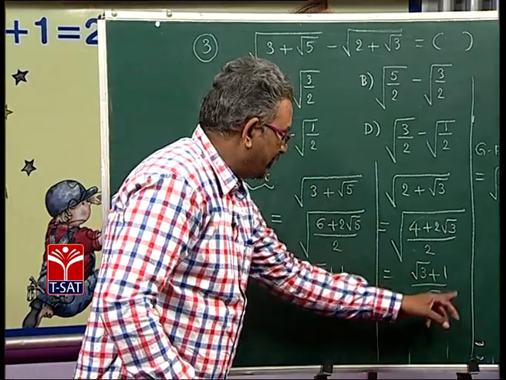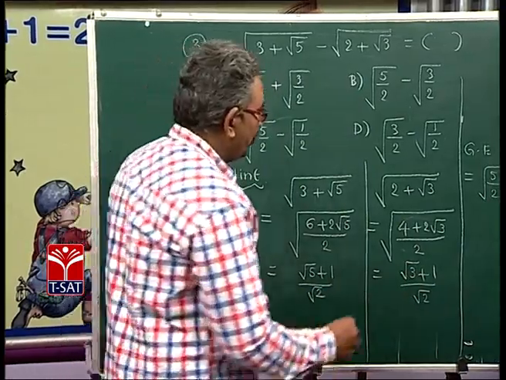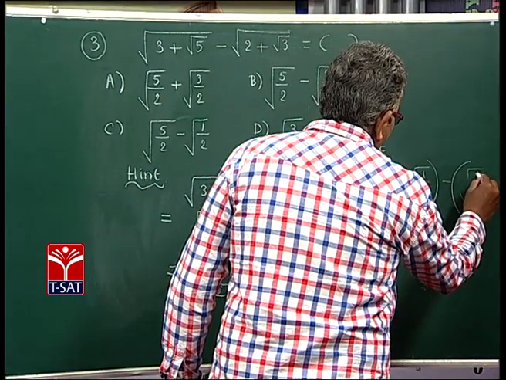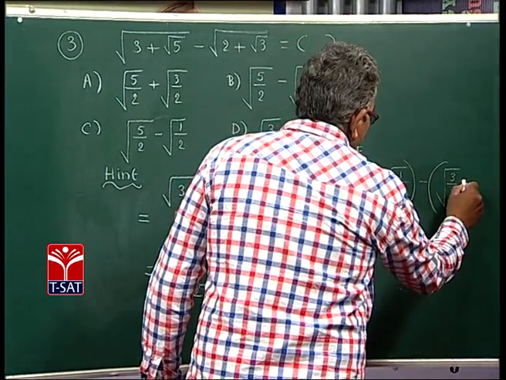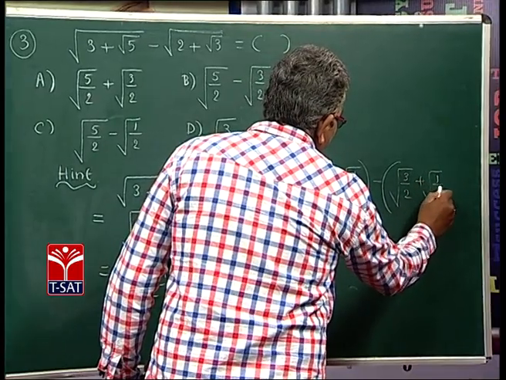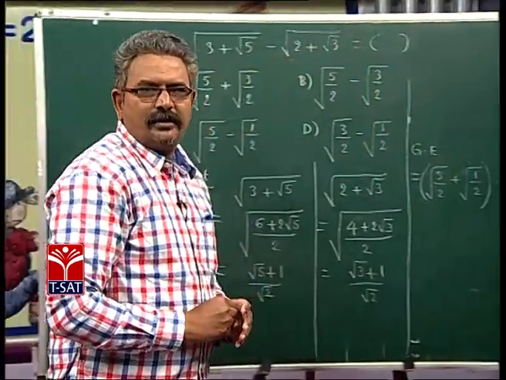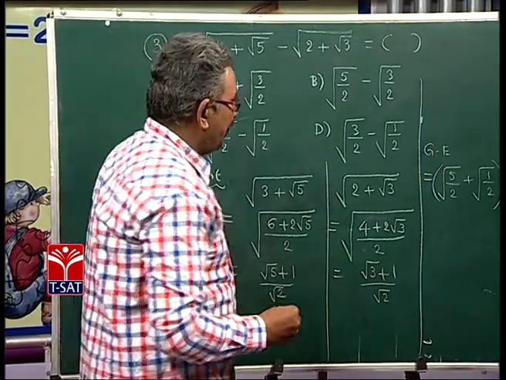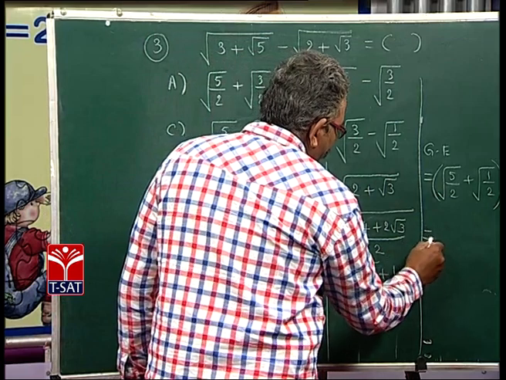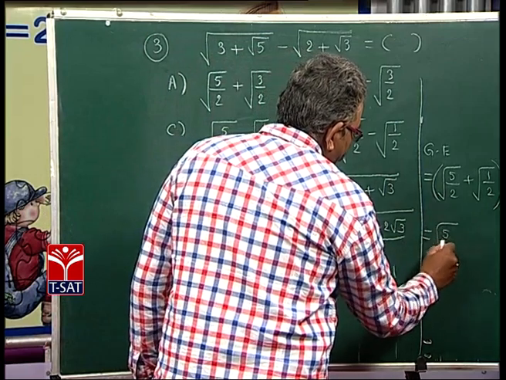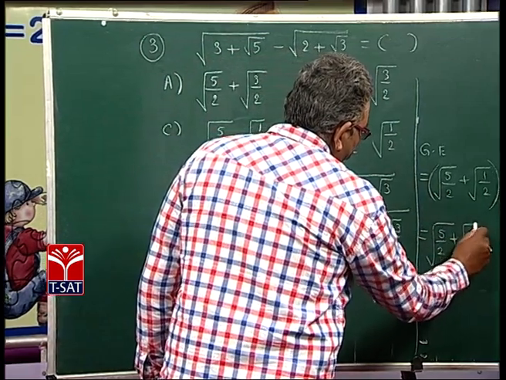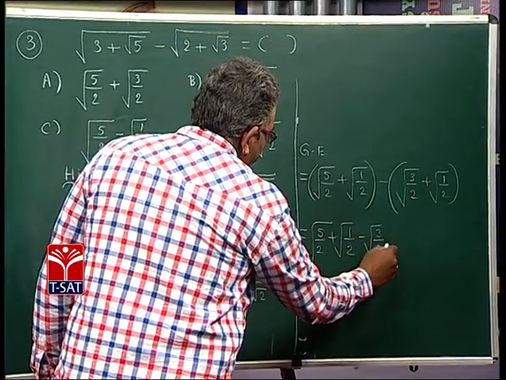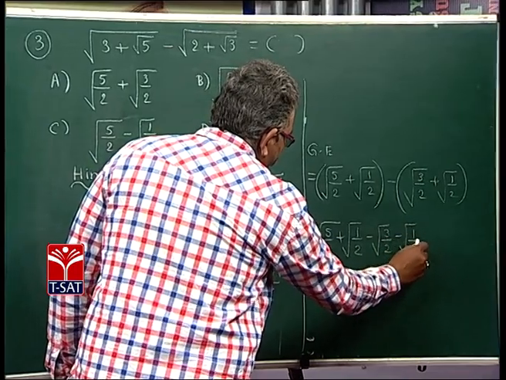So in a similar manner, minus of root of 3 by 2 plus root of 1 by 2. Just remove the brackets. If you remove the brackets, let us see what we get now. Root of 5 by 2 plus root of 1 by 2 minus root of 3 by 2 and minus root of 1 by 2. What do you get?